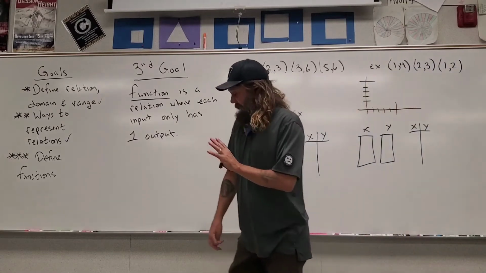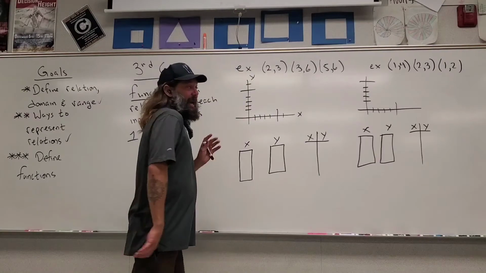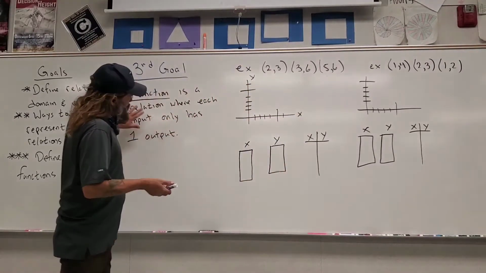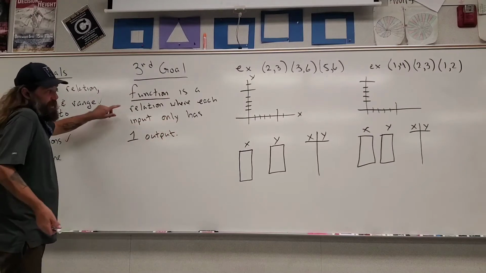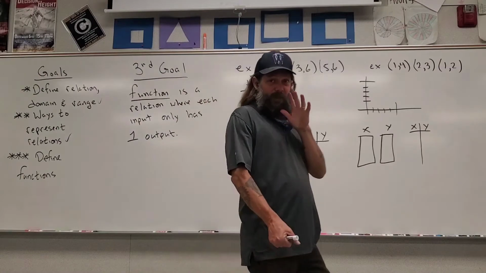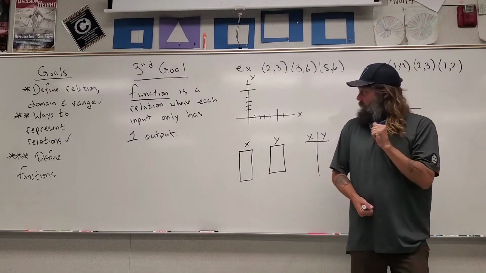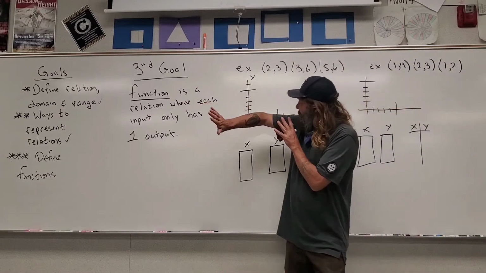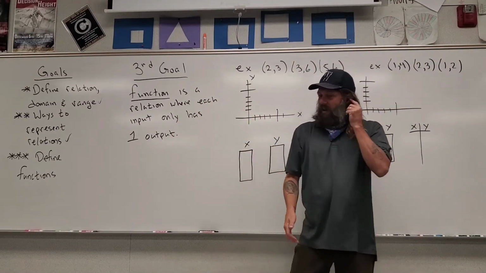Now, notice that I have a repeating output. Nowhere in this rule does it say that each input can have a unique output. So this technically is a function even though the outputs are repeating. That is allowed in this definition.